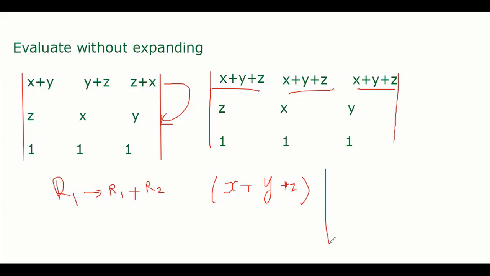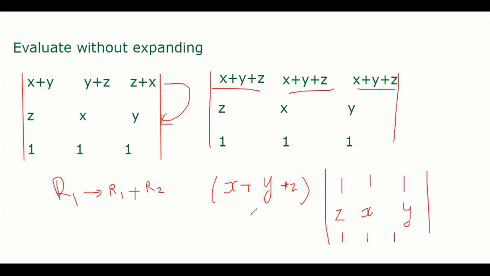What will remain here? 1, 1, 1. Row 2 will not have changed, only from row 1 we have taken it out: z, x, y. And row 3 is the same, 1, 1, 1. Now x plus y plus z is outside, and inside the determinant 1, 1, 1, z x y and 1, 1, 1.